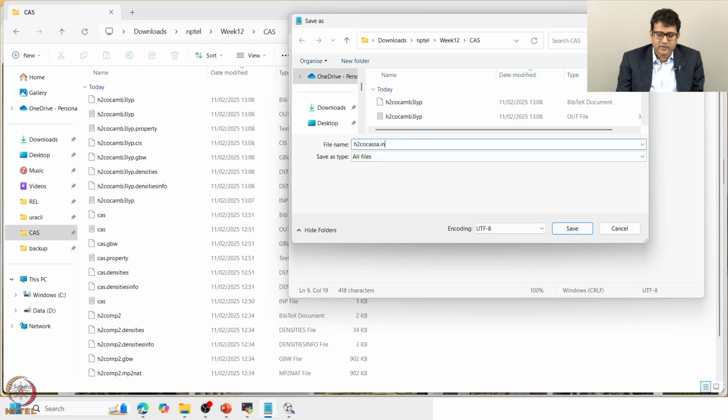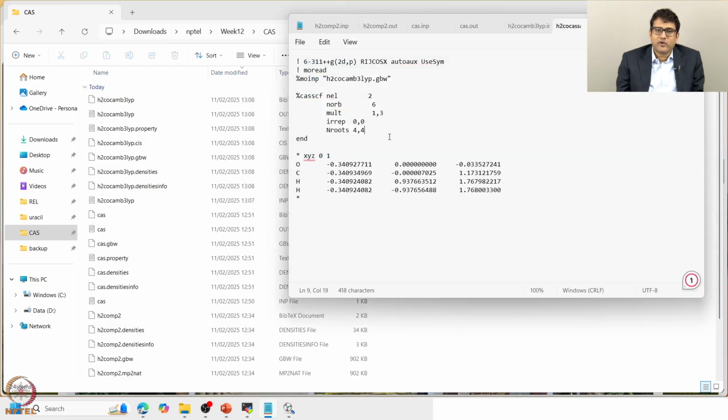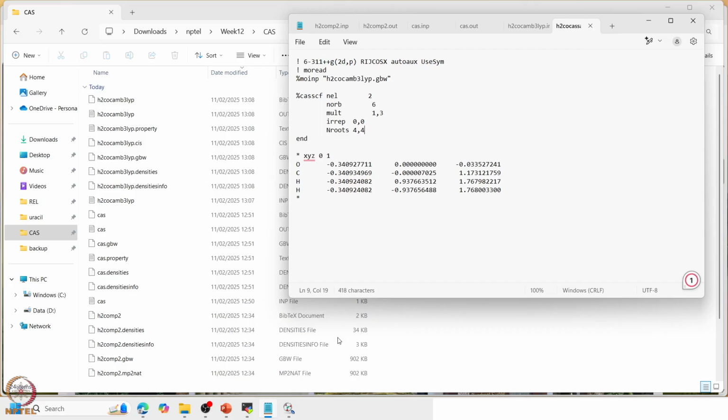It's because I am calculating the 4th root. Now the question is, for which state are the orbitals optimized? Basically the orbitals will be state averaged, where the orbitals will be an average of all the 4 excited state roots. Generally the singlet and triplet averaging of orbitals happens separately. So different multiplicity blocks generally get averaged in a separate way.